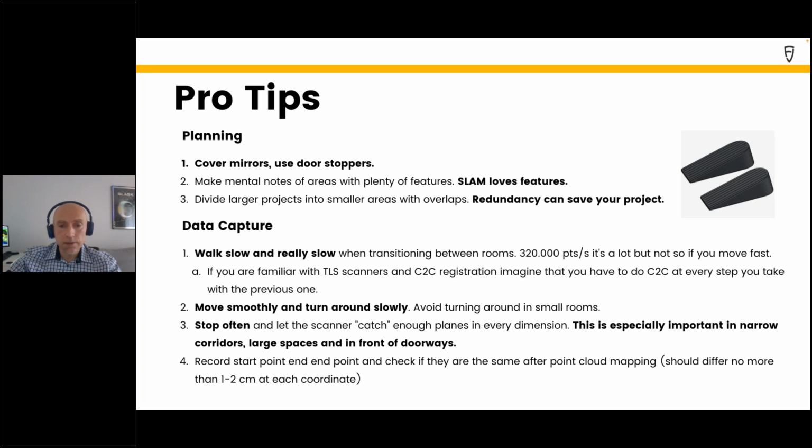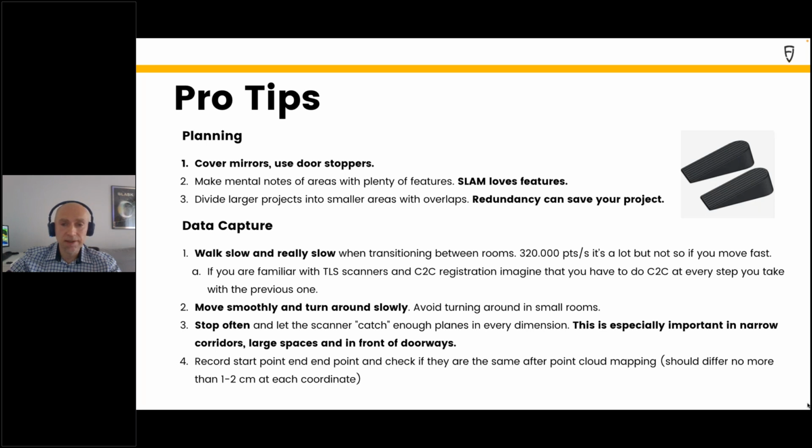Next case, move smoothly and turn around slowly. Generally, I avoid turning around in small rooms. This leads to bad scans. You'd better get out backwards. And another piece of advice is related to this. From my experience, it is good to walk backwards and walk sideways.